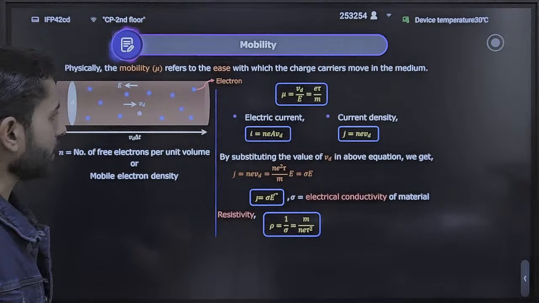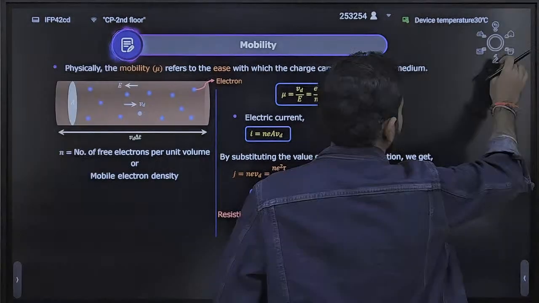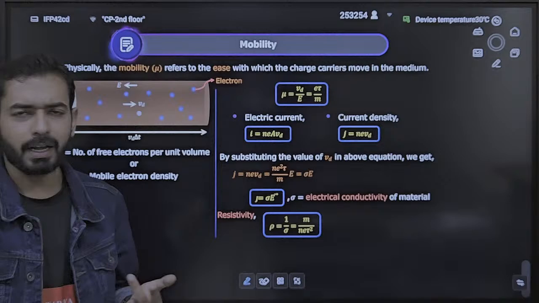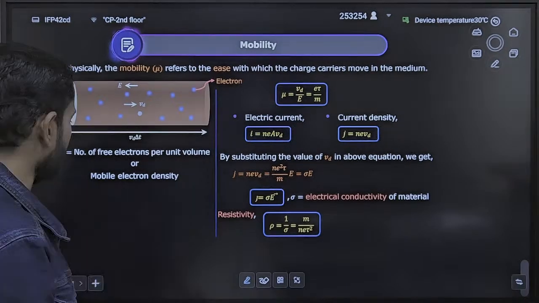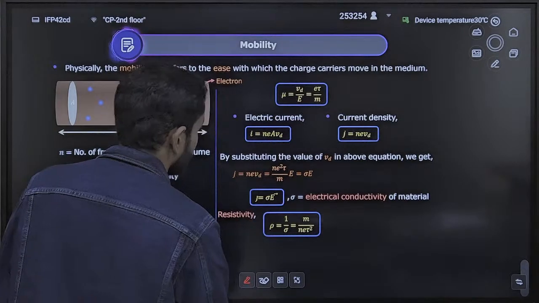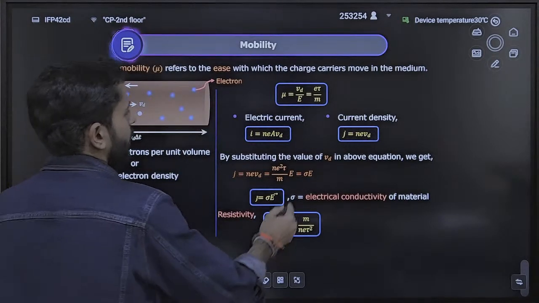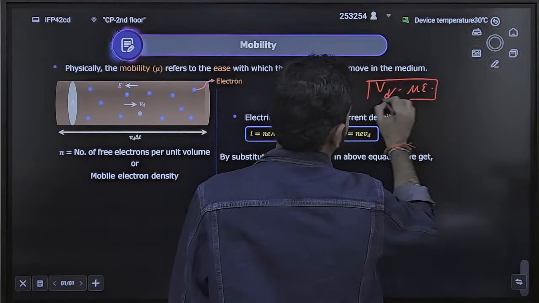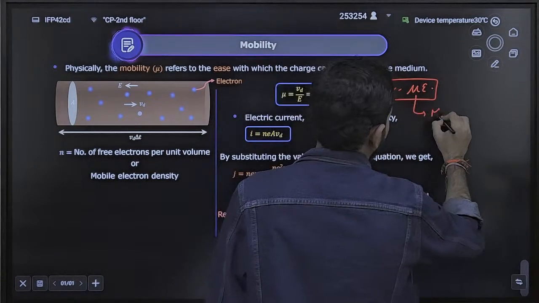Firstly, you have to study some basic formulas in this chapter regarding drift velocity, current. What is current? Rate of flow of charges is called current. From there, some important formulas are there that I am telling you that you can remember. First one is drift velocity, v_d = mu into E. Here mu is called as what?